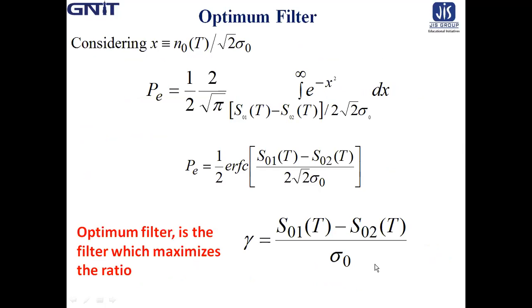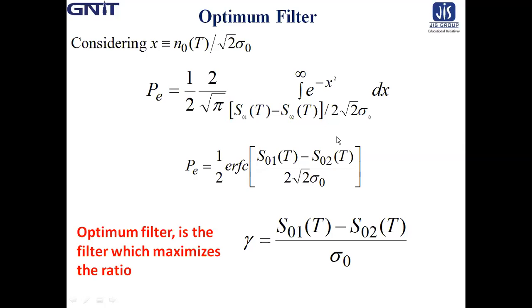Now, considering x is equal to n0 by root 2 into sigma0, the probability of error Pe is equal to half into 2 by root pi, the lower limit is [S01(T) minus S02(T)] by 2 root 2 sigma0 and the upper limit is infinity, e to the power minus x square dx.